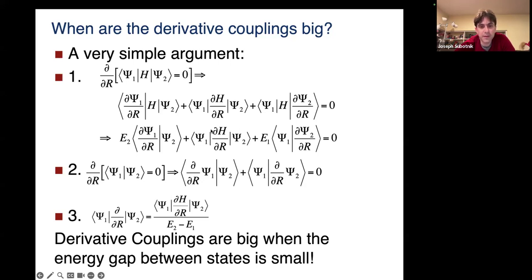And if you plug that back up here, you then convince yourself that this derivative coupling actually looks like this, which is called the Hellmann-Feynman expression: psi 1, dH/dR, psi 2, over the energy gap. In other words, the derivative couplings are big when the energy gap is small.